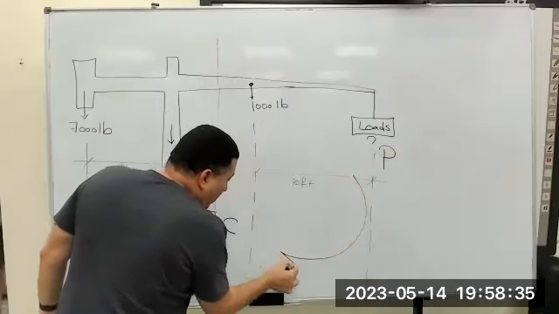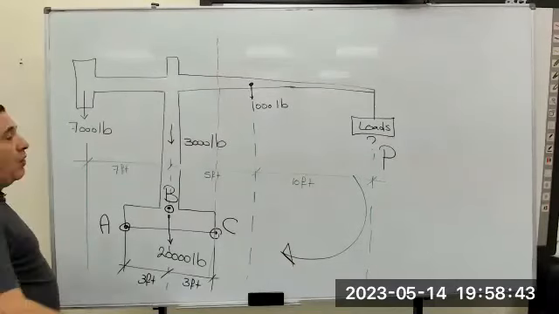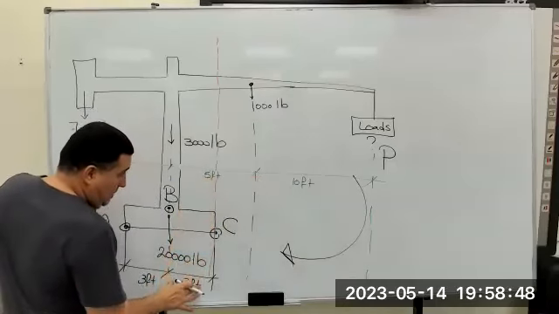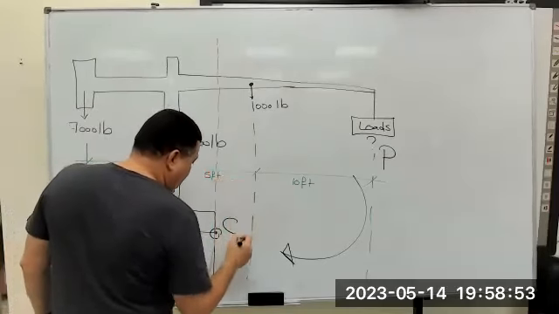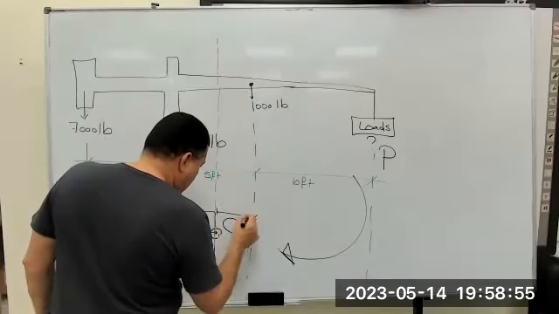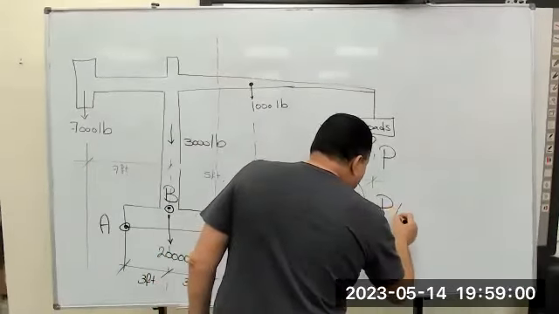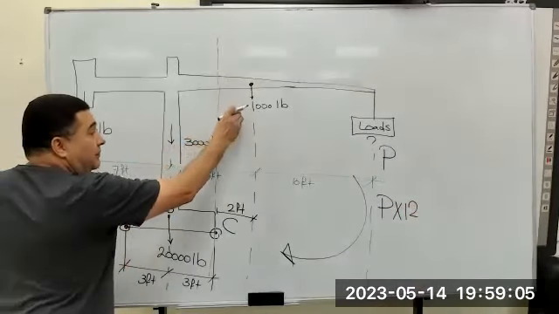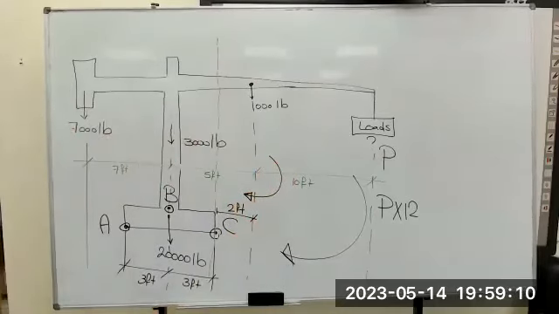Load LB multiplied by distance, the distance equals 5 minus 3, which is 2. So this distance is 2. Now LB multiplied by 12 gives a moment. Another moment is equal to the boom weight.